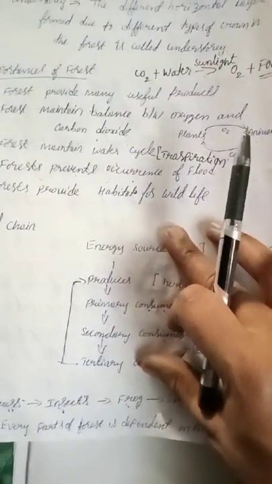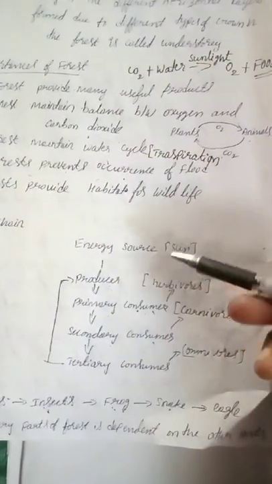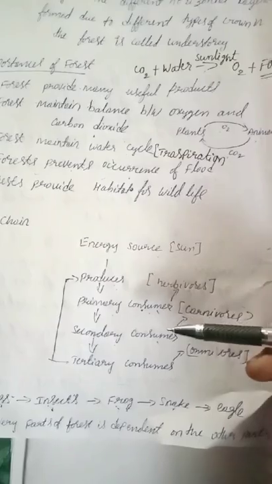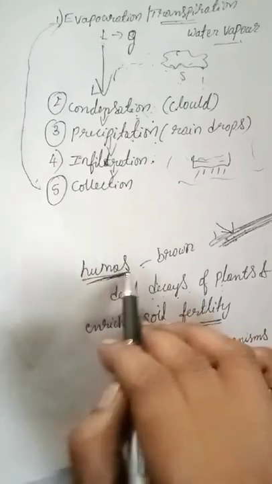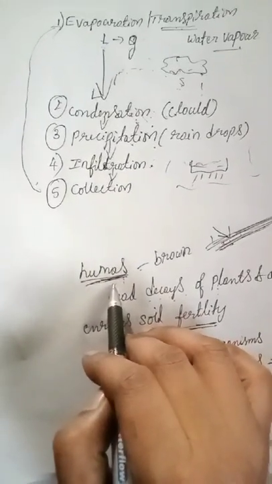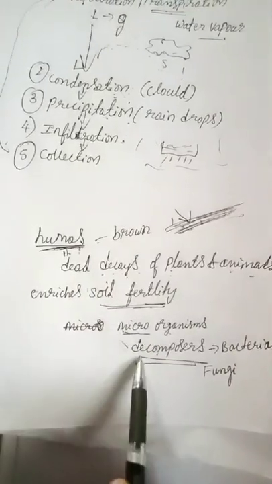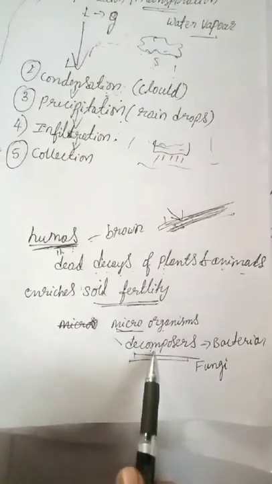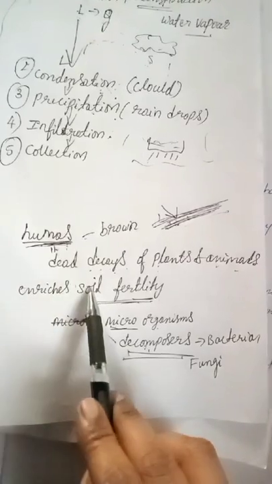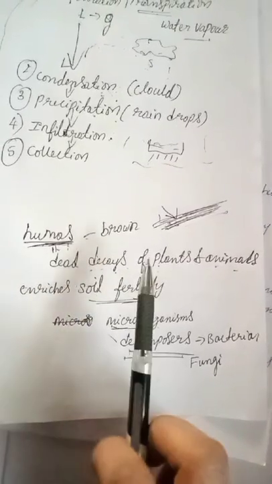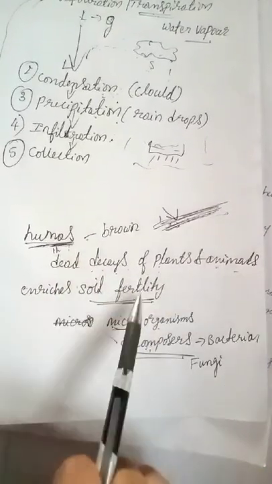And one more important topic we discussed, the food chain, okay, from primary to secondary, secondary to tertiary, how it is interlocked. Then the important thing, how humus is formed by the activity of microorganism decomposers. The decomposers feed on the decay of plants and animals.